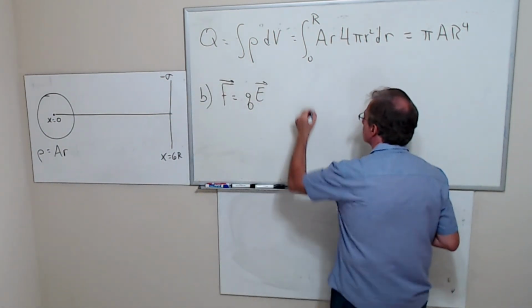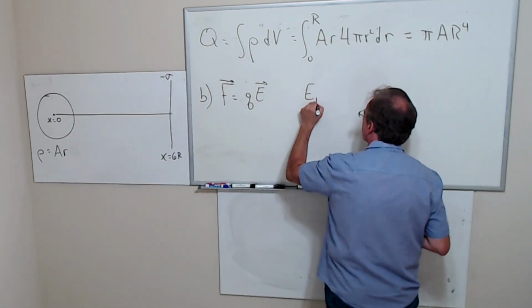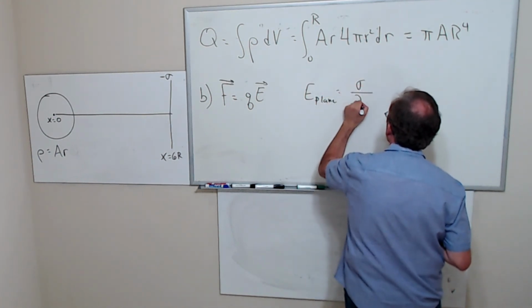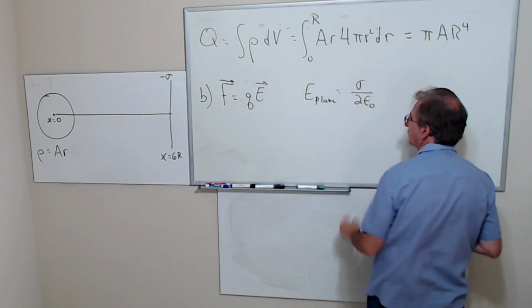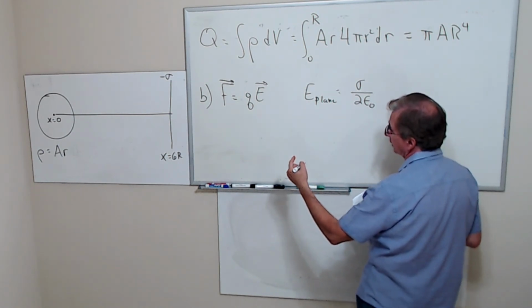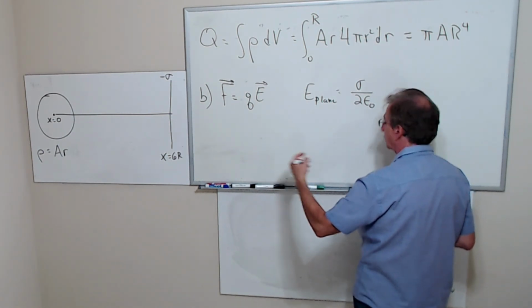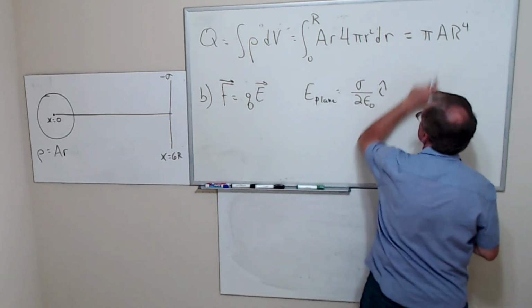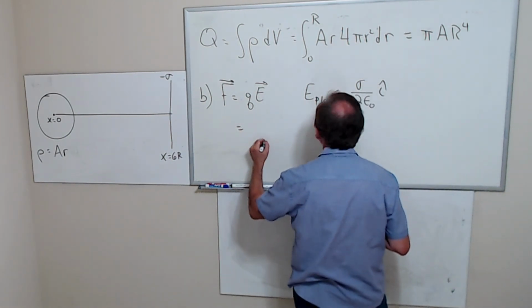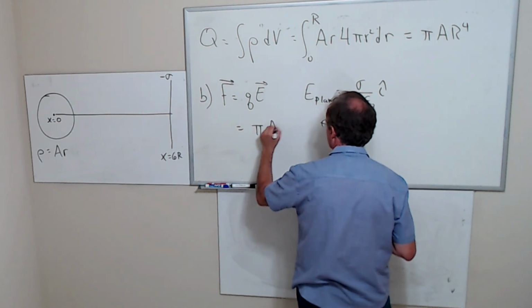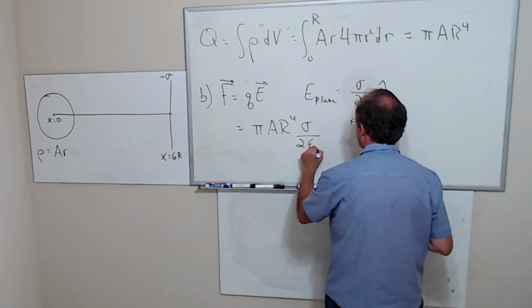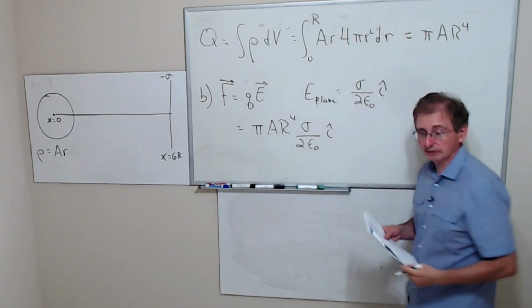We know the field due to a plane is sigma over 2 epsilon naught, and this field is going to be to the right. And so all I got to do is take this times this, and I'm done. That's all I wanted.